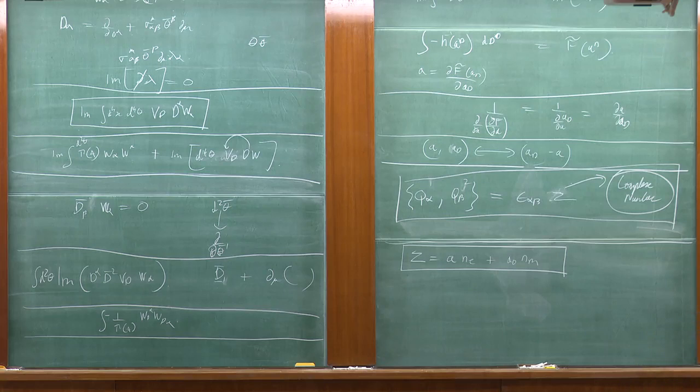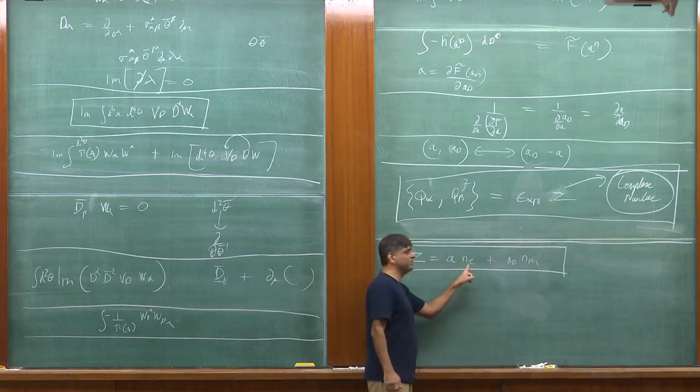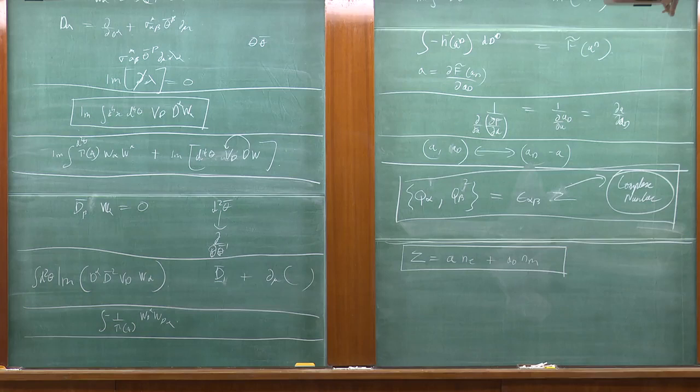Now, you may ask, what sets the normalization of N_e? Remember that in this duality operation, we are always working with U(1) gauge fields, gauge fields whose periodicity, for the gauge parameter, is 2 pi.